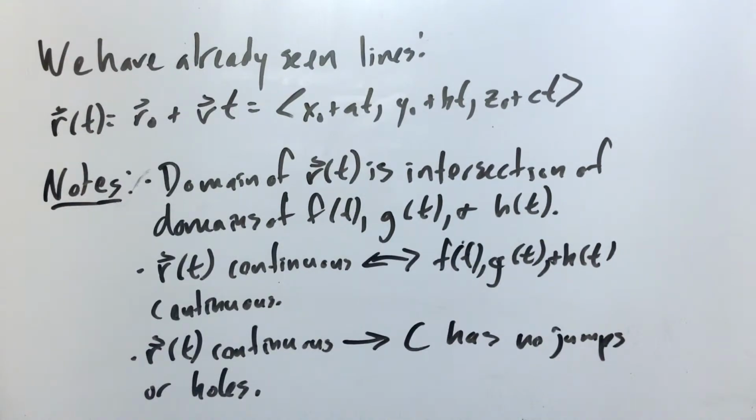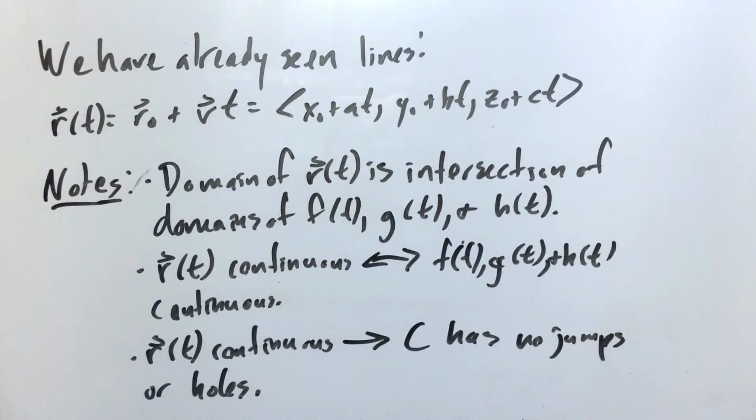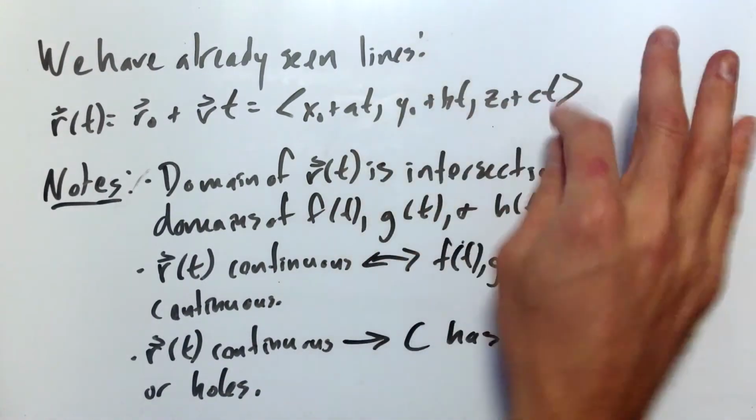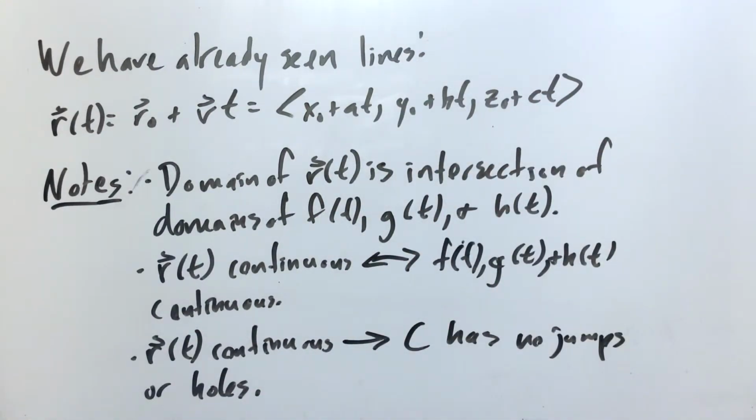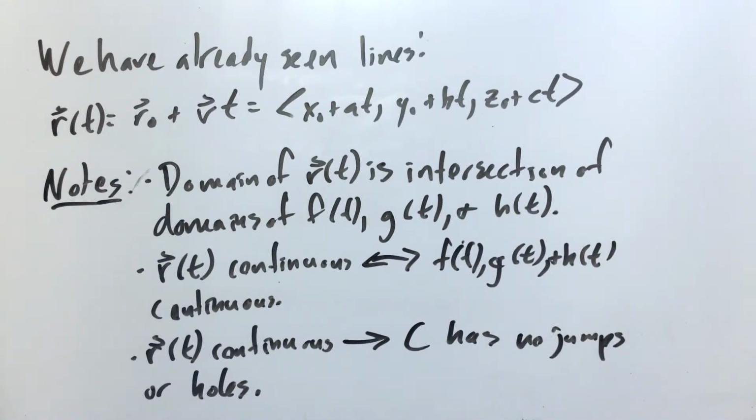You might remember that we restricted the domain of t for a line to come up with line segments, rays, and other things. So unless we say otherwise, we assume that t can be whatever it can be. So for example, for a line, t can be anything unless we say otherwise. A vector function is continuous precisely when each of its component functions is continuous.